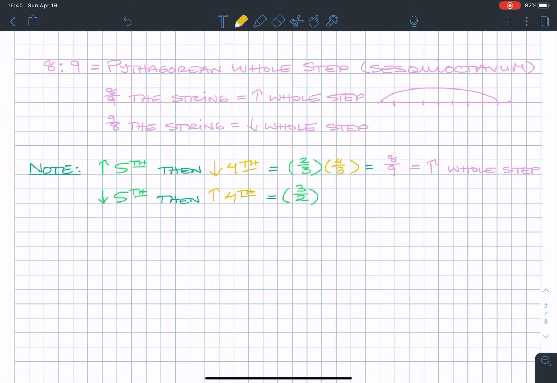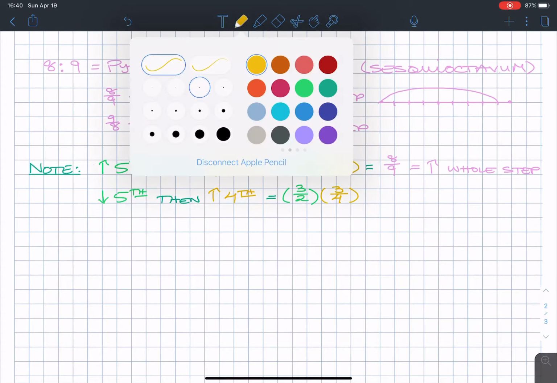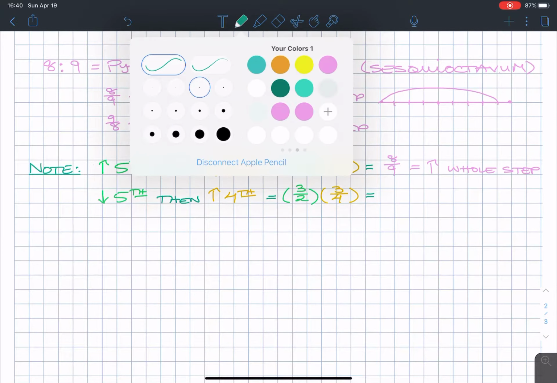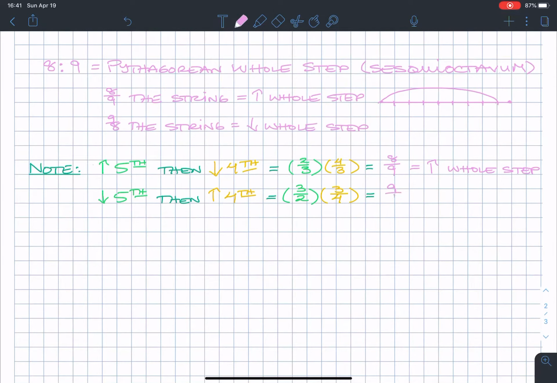If I'm going up a fourth, I want a fraction, so that's 3/4. So what do we get when we do that? We get 9/8, which is longer than the original string, so that's down a whole step with respect to the length of the string.